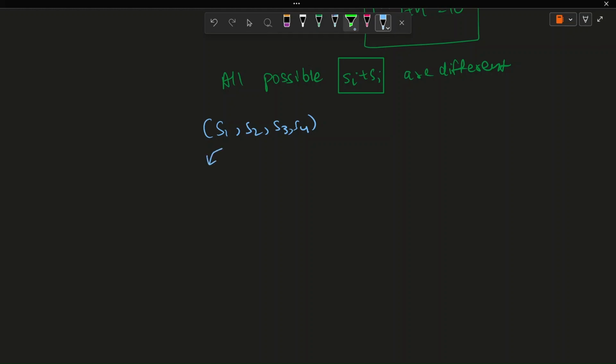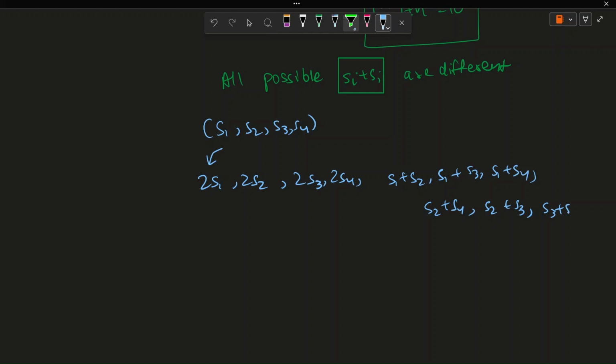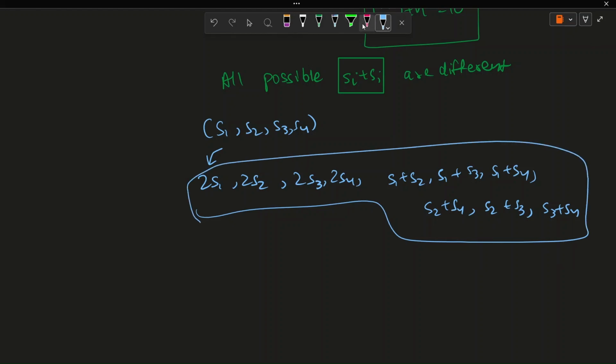So what are the distinct remainders modulo 10? 2s1, 2s2, 2s3, 2s4, s1 plus s2, s1 plus s3, s1 plus s4, s2 plus s3, s2 plus s4, and s3 plus s4. These are the 10 different remainders, and all 10 of them are different as proved earlier.